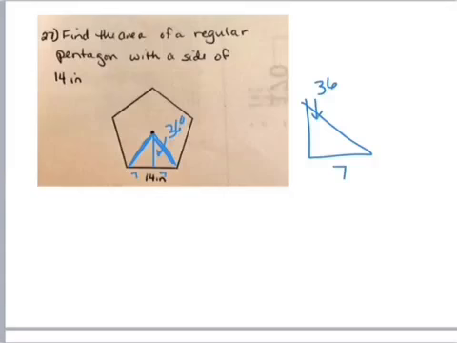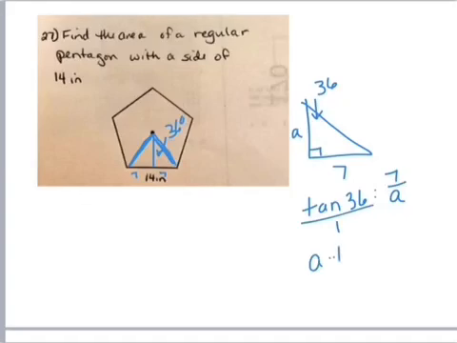So I need to know the length of the apothem, so I'm going to put an A there. And now it's a trig problem. So I know the opposite and I need the adjacent. So the tangent of 36 would be 7 over A, opposite over adjacent. Put your trig function over 1 and cross multiply.